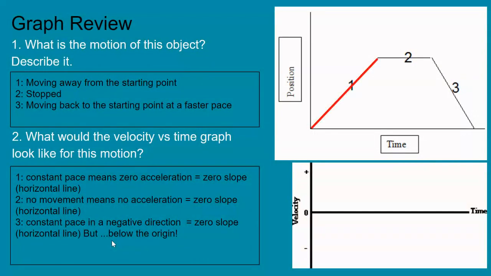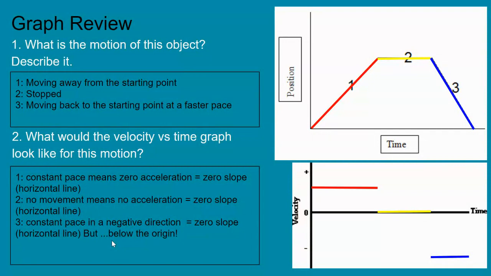So the first part might look like this, where we have that red line being positive but horizontal, no slope. The second part being yellow, but right at the 0. And the third part being blue, horizontal, but down here below the 0 point on our axis.